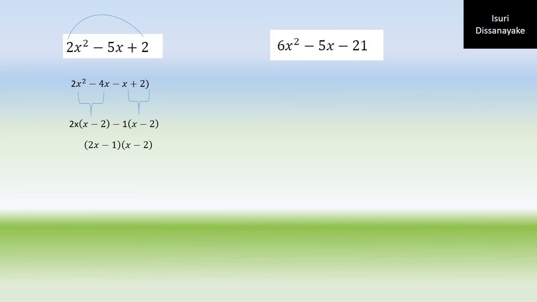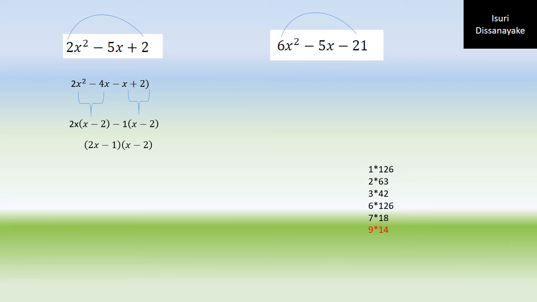6x squared minus 5x minus 21. So 6 times minus 21 is minus 126. So we have to find and see the factors of 126, which by adding you can get a 5.